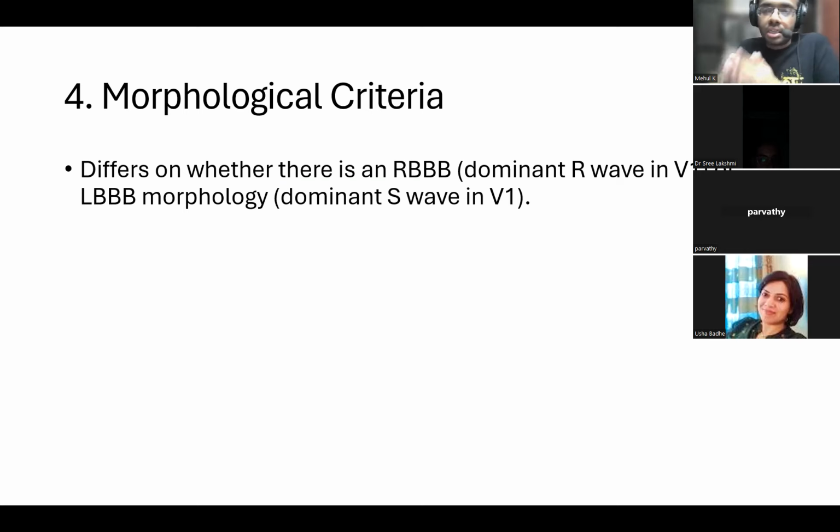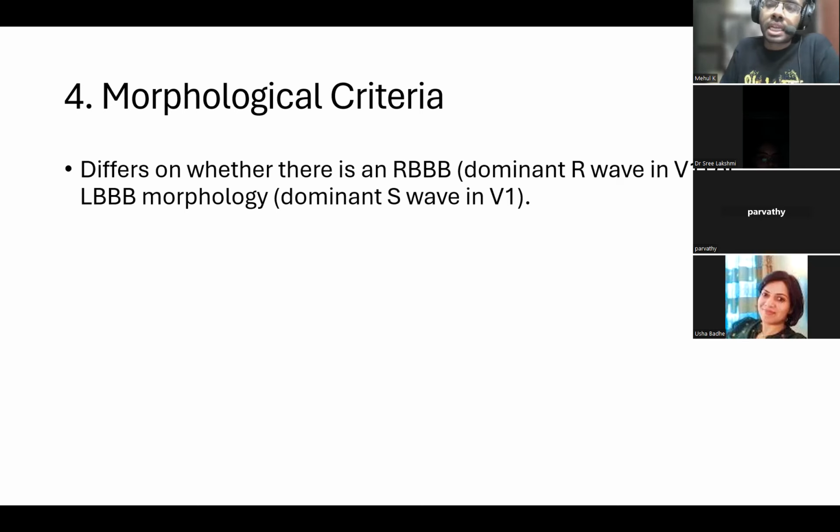So as I said earlier, the only way that you actually diagnose SVT with bundle branch block is if you have the RBBB and LBBB morphology perfectly in lead 1, V1, and V6. As per Brugada, we are only looking at V1 and V6, but practically for RBBB and LBBB, you have to look at all three leads.